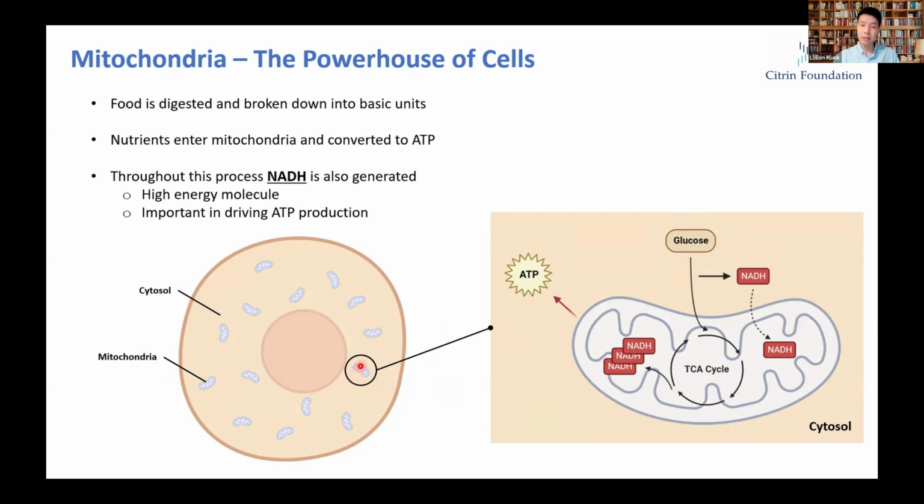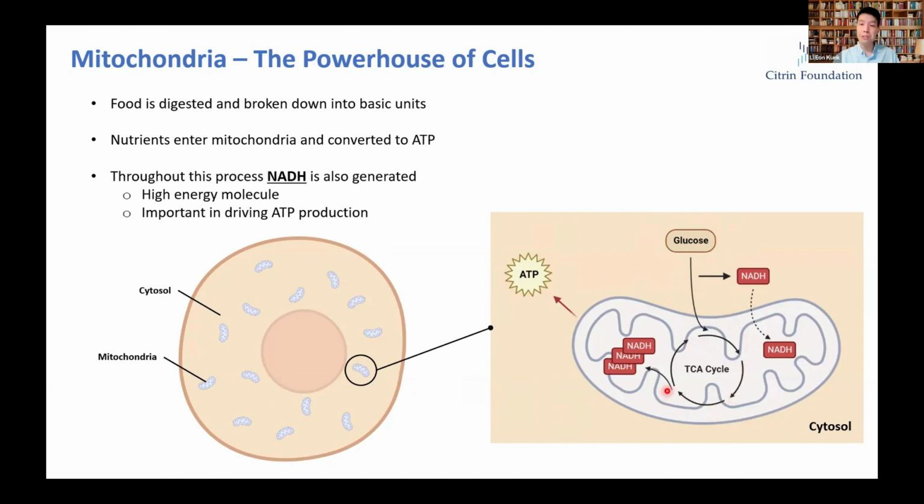If you take a closer look into the mitochondria, disclaimer, this is a greatly simplified diagram of how ATP is derived from food. But I hope at the end of this it gives you an understanding of how your mitochondria work. In this case, we're going to take glucose, which is from the breakdown of carbohydrates. When glucose enters your cell, it is metabolized into simple nutrients. These nutrients make their way into the mitochondria.